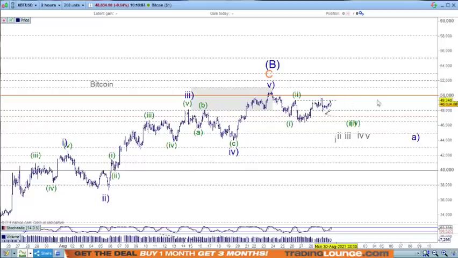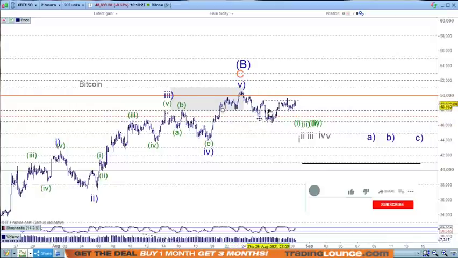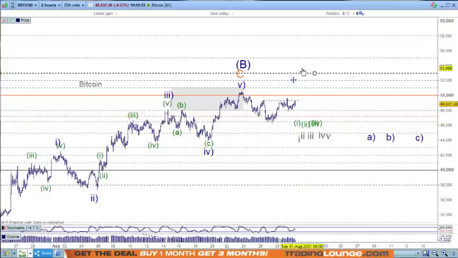Okay, so that destroys the move to the downside to a point. So what I need to talk about now is we can first of all just remove this 1 and 2 here. So we're left with this A wave, B wave and C wave here. So that could be the end of it, and we can just push up from that point.